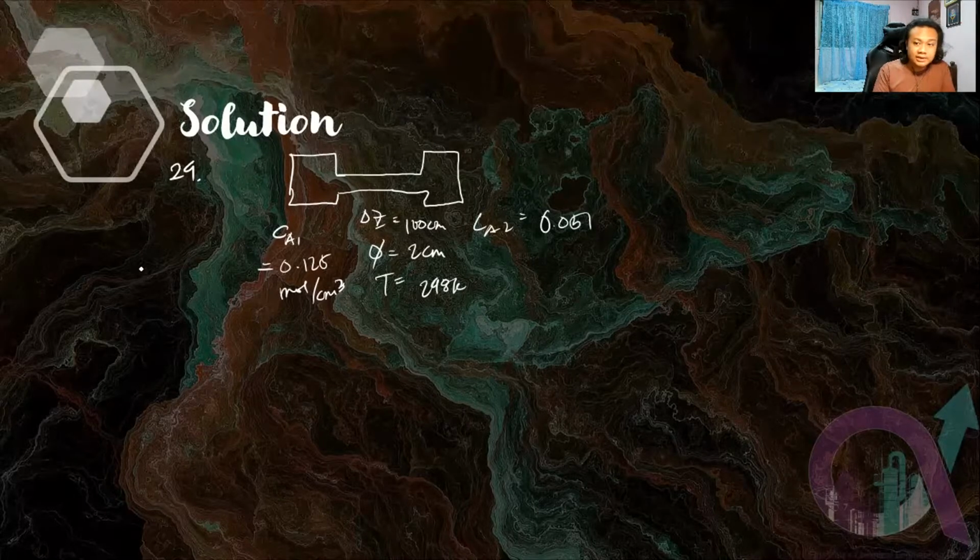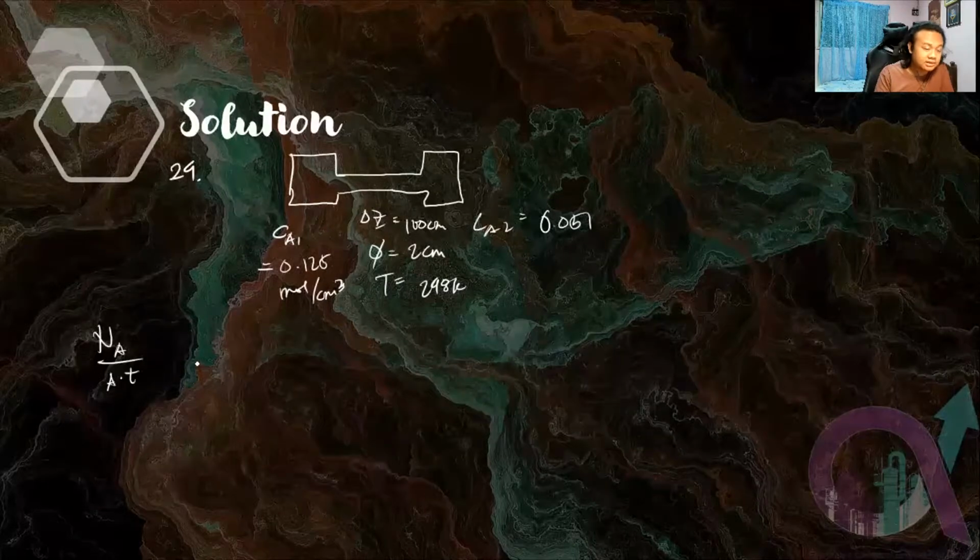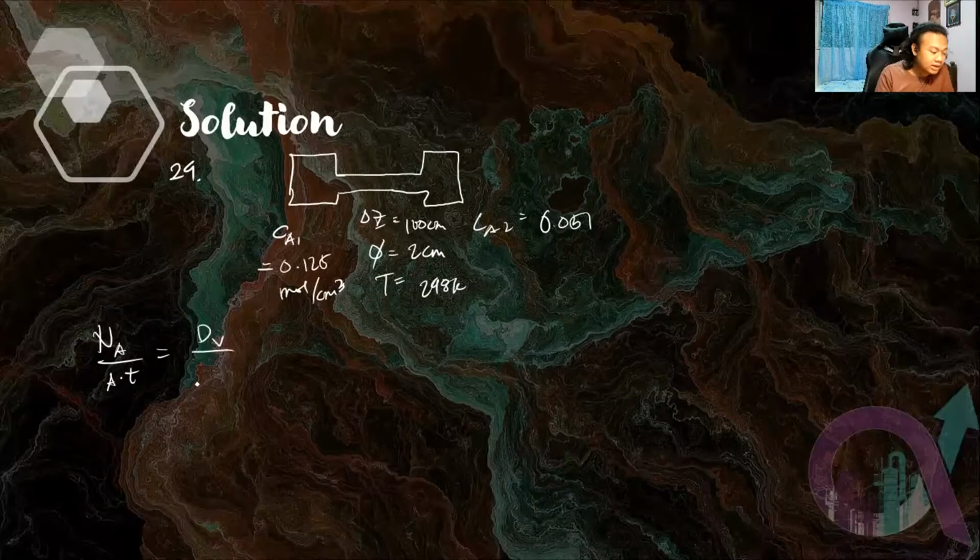Okay, so what equation do we have to use here? You have to use the equation for equimolal counter diffusion. So you have NA, not just J, but the stripped down version, NA.